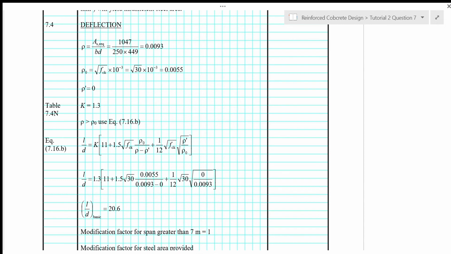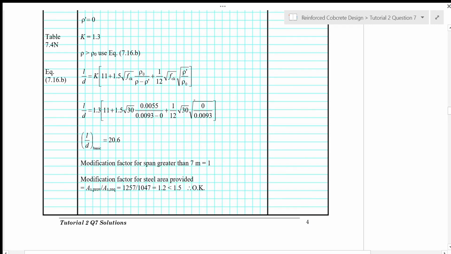And then rho is greater than rho naught, so we use equation 7.16.b. So we calculate the L over D basic to give 20.6. And then modification factor for span greater than 7 meter is still 1 because the span is 7 meter. It's not more than 7 meter.